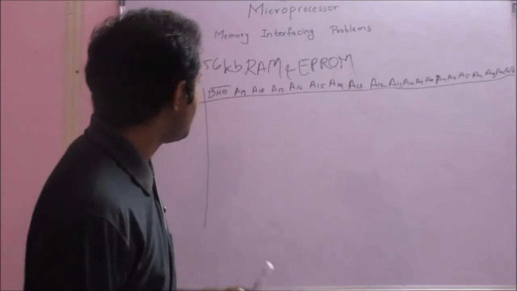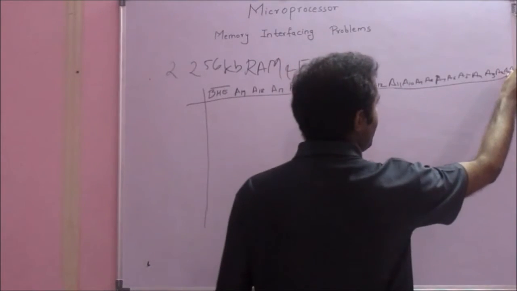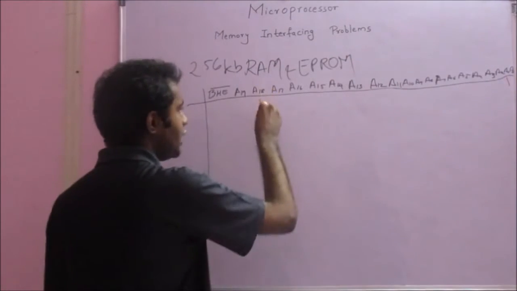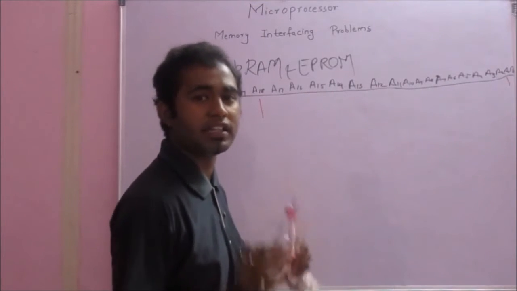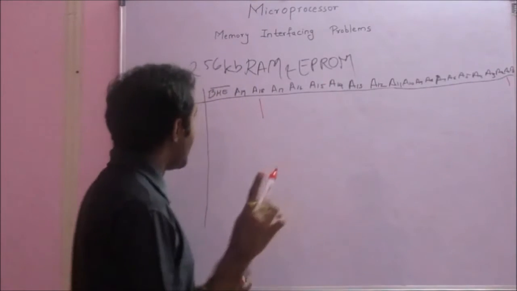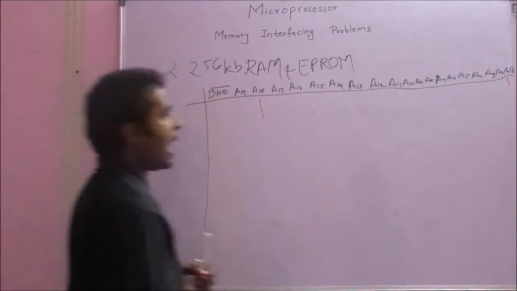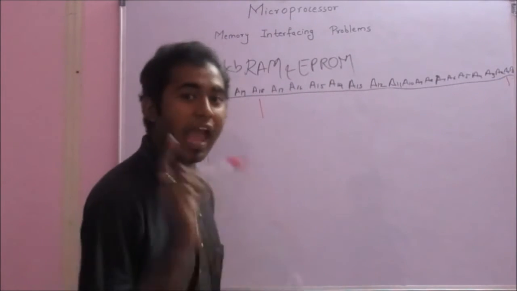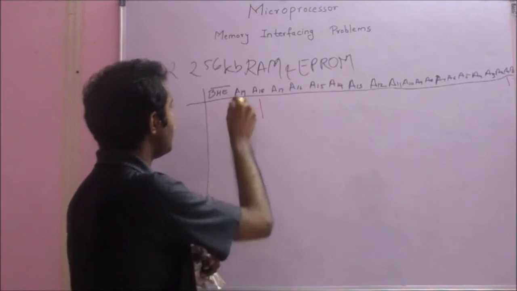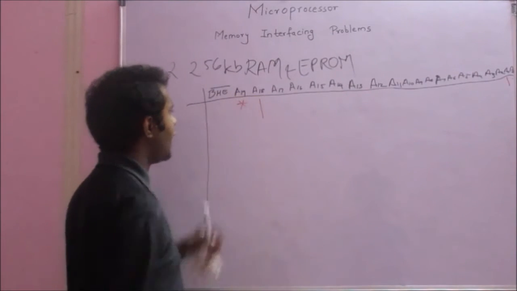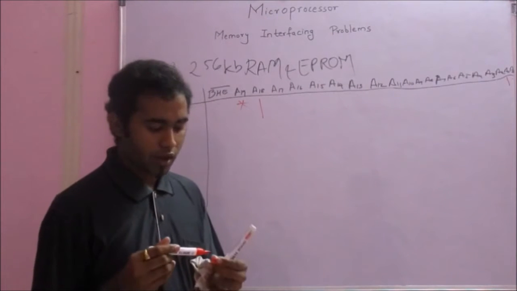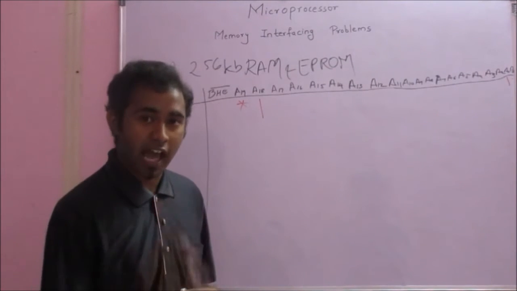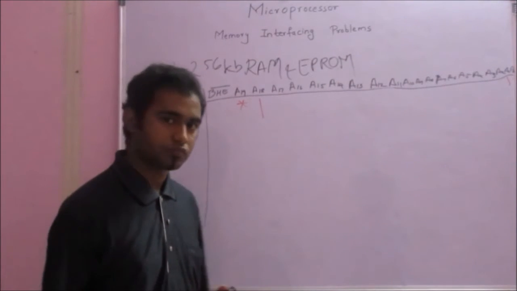My A1 to A18 will only be used to address a RAM or a ROM. The remaining BHE and A0 will be used to address the even and odd banks. And the one remaining, A19, would decide whether to choose a RAM or a ROM.